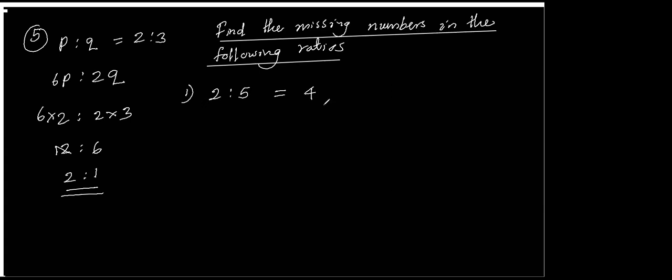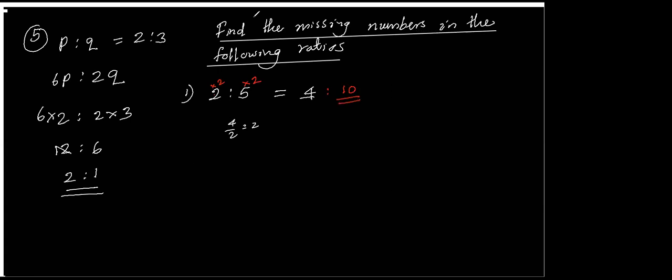Then we have to check. You can see this has been multiplied by 4. If it is an unknown number, what do you have to do? You can divide the biggest number 4 by 2. That is 2. It means this has been multiplied by 2. In a ratio, if you multiply this by 2, you also have to multiply this by 2. Then 4 to 10.